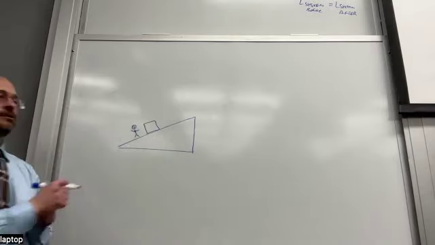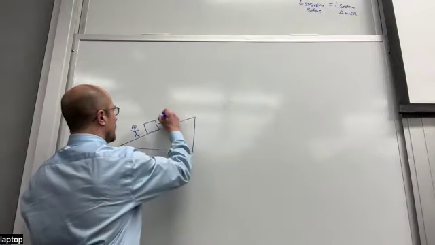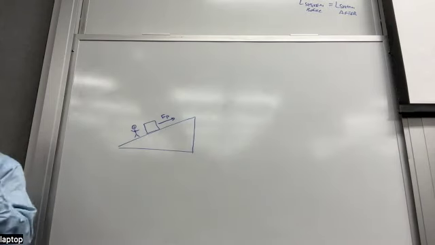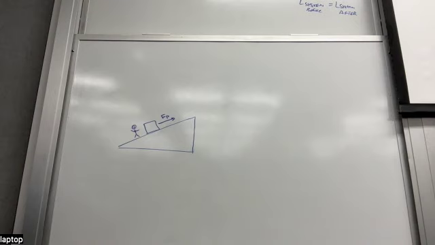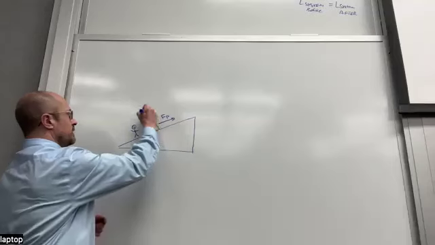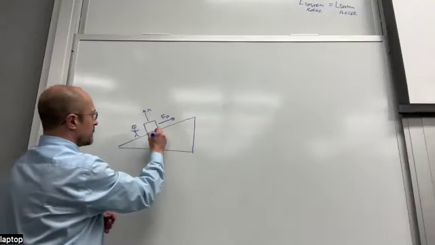Let's say we have somebody pushing with some force, and they tell us that this person pushes with a certain amount of force that just breaks static friction, and they want us to determine the coefficient. How does that sound? Now what we want to remember is that we need a normal force this way.